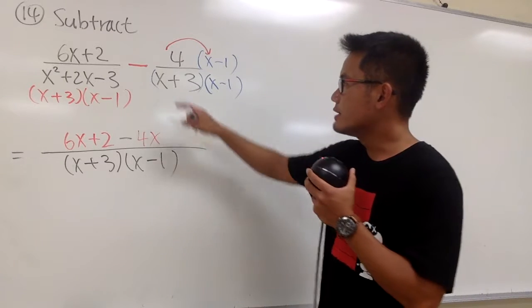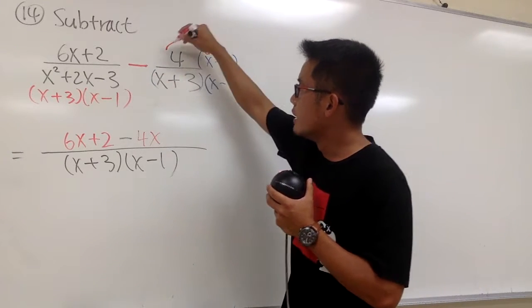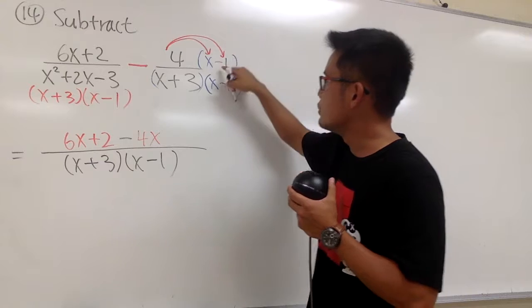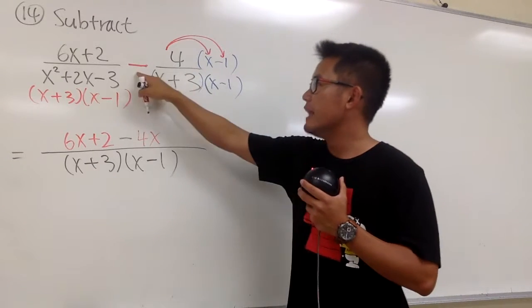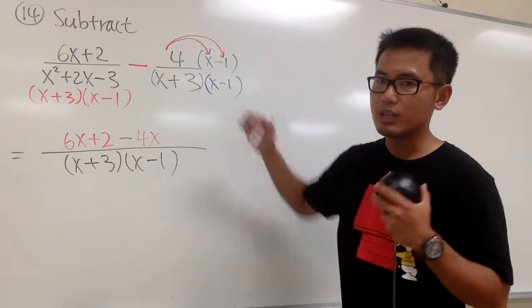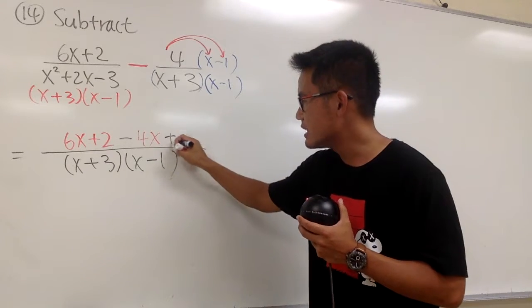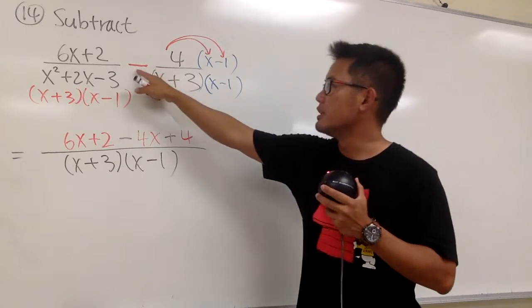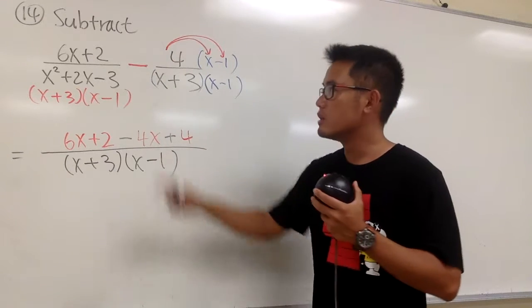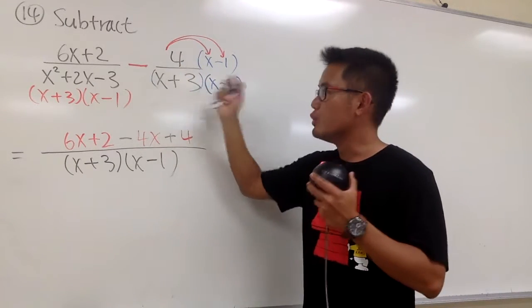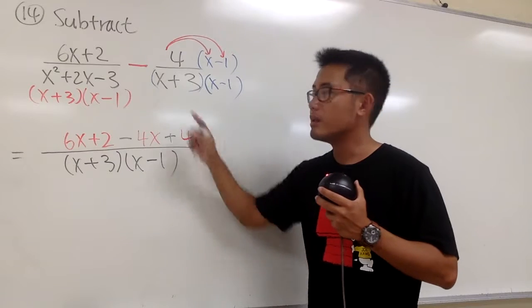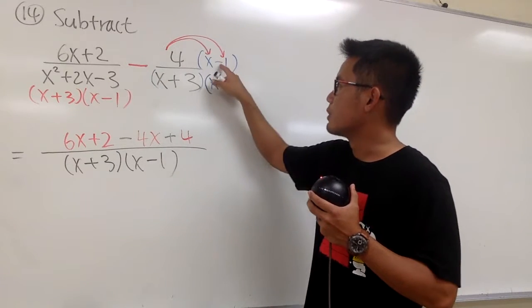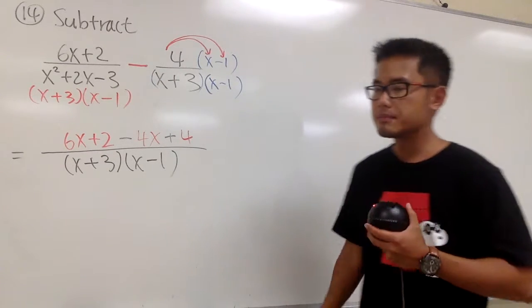And then, once again, we take negative 4 times the next term, which is the negative 1. Negative 4 times negative 1 will give us what? Positive 4. Be careful when we distribute a negative number, right? So for the subtraction situation, usually that's a common mistake. Be sure you take the negative and multiply with this and change the sign.